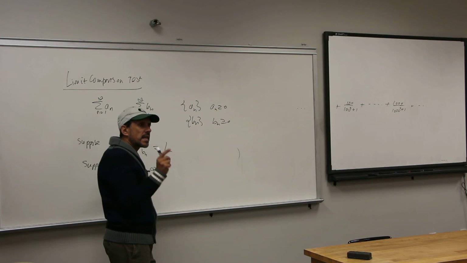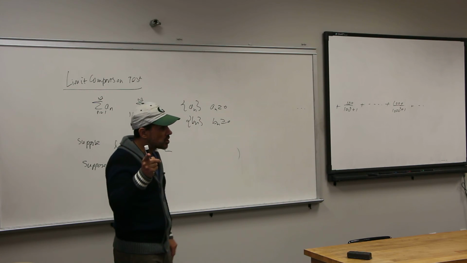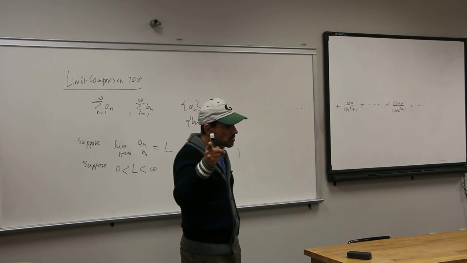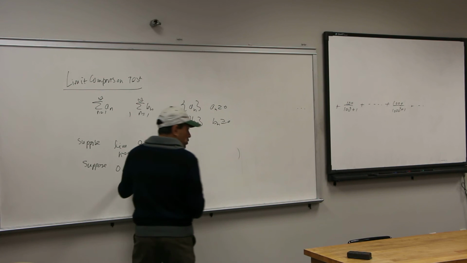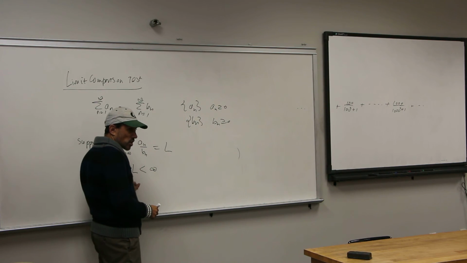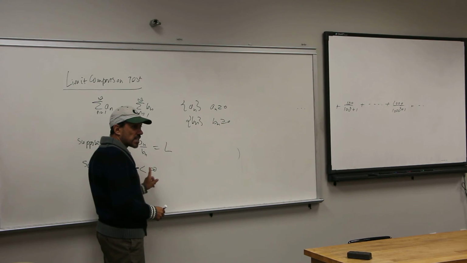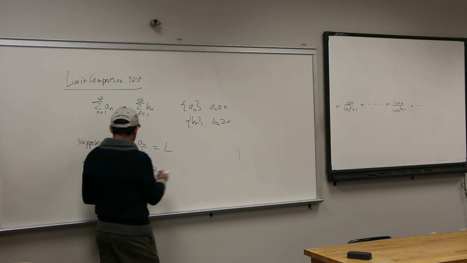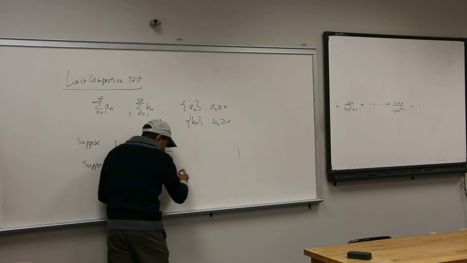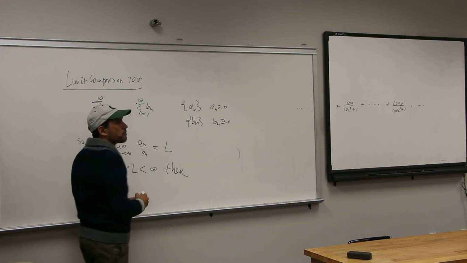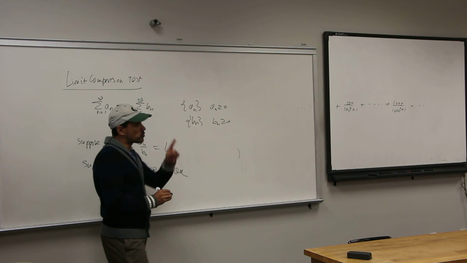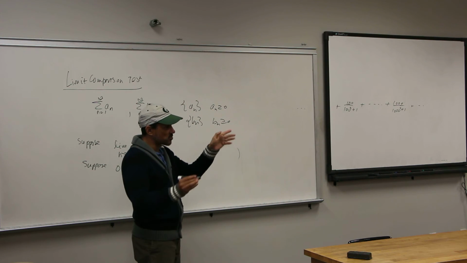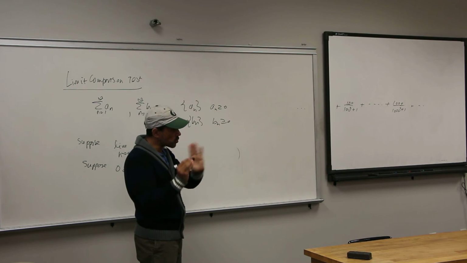That is to say, either both series converge or both series diverge. Suppose that this limit is strictly positive and strictly finite. Suppose then either both series converge or both diverge.